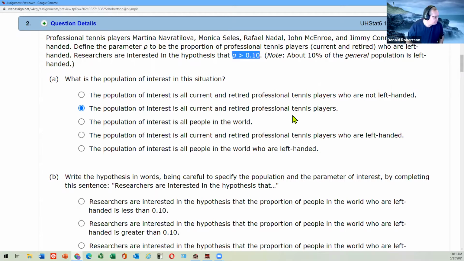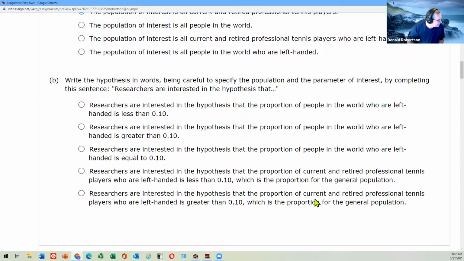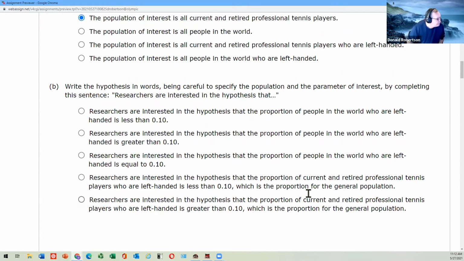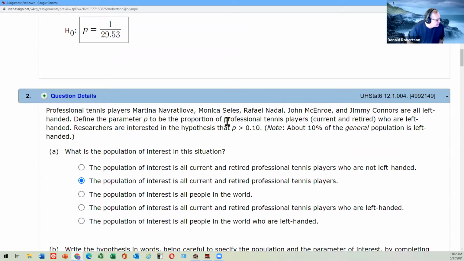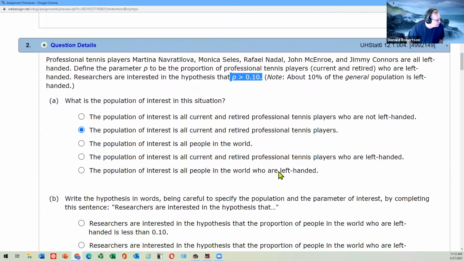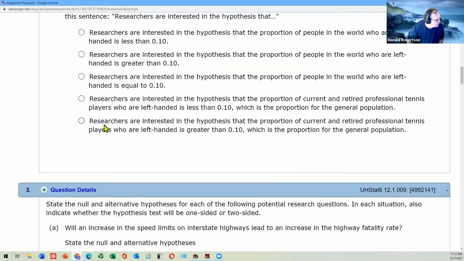And one of these sentences is going to be the one that describes this. Researchers are interested in the hypothesis that the proportion of current and retired players is greater than 0.1. So that's what it would look like in English.